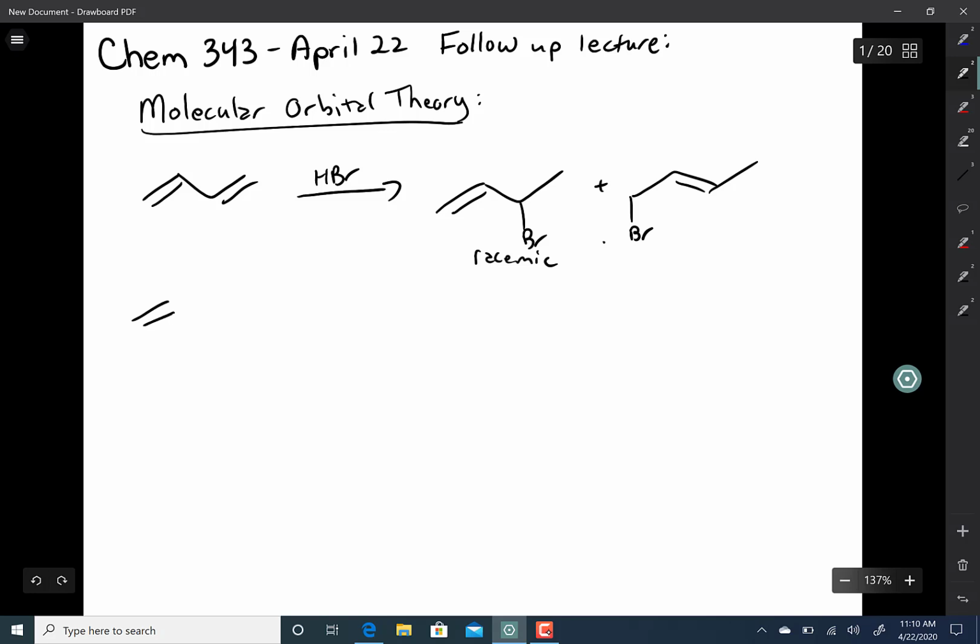The mechanism of this is you protonate to form the most stable carbocation you can. And this carbocation is the most stable one because it's resonance stabilized.